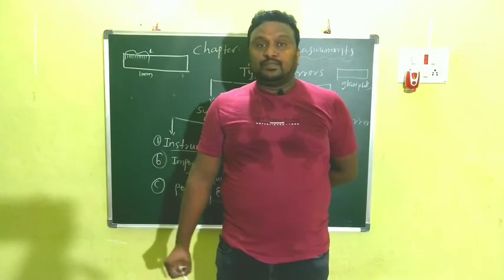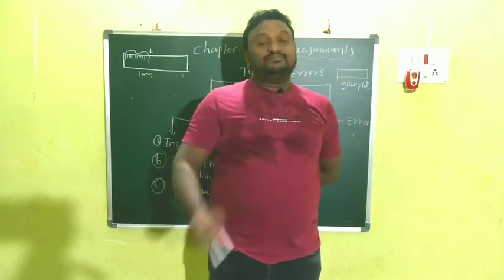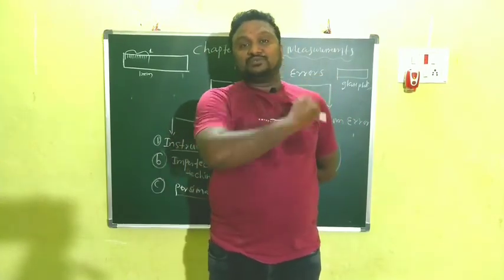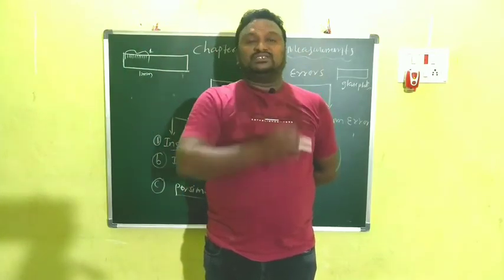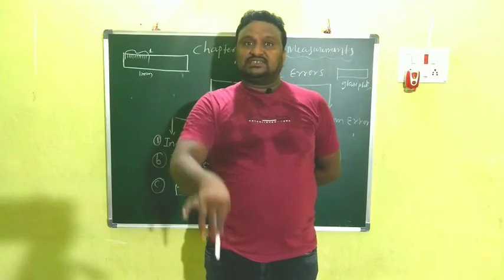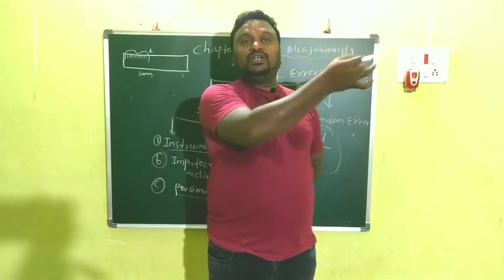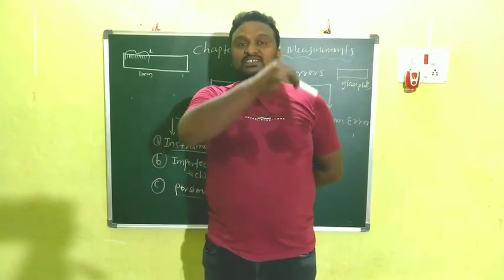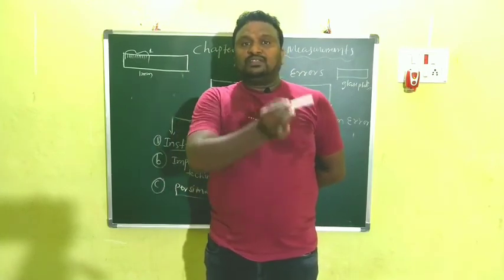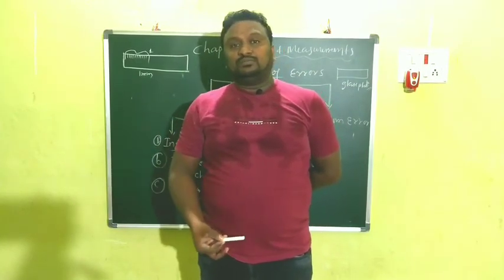After that you go to the kitchen room and keep the thermometer there. Then we get a higher temperature. In the hall we get a lower temperature. But in the kitchen, cooking is going on, so the surrounding is hotter, and the reading shown by the thermometer will be higher.